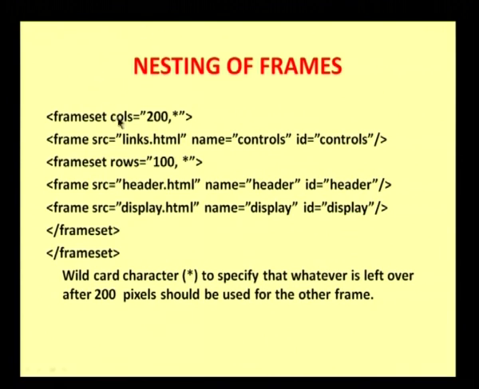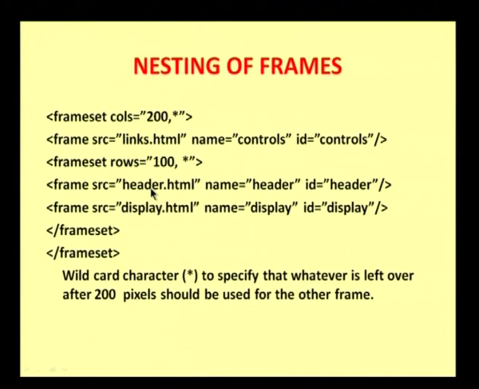For example, first the web page has been divided into two columns with 200 and asterisk, and next has been divided into 100 and asterisk, that is, this column has been divided into two rows again. So, this first frameset has been divided into two rows again.